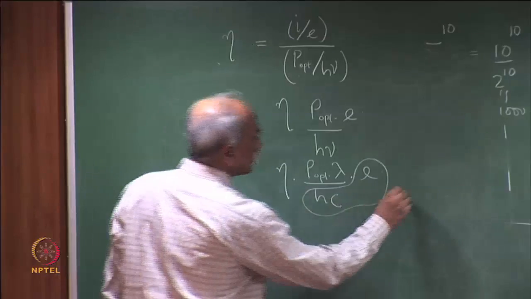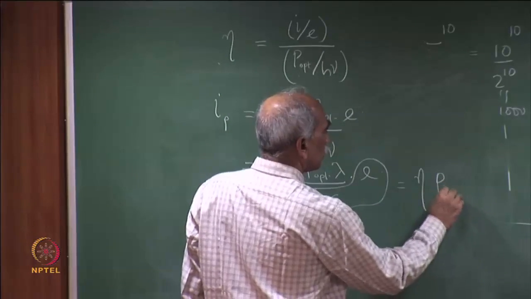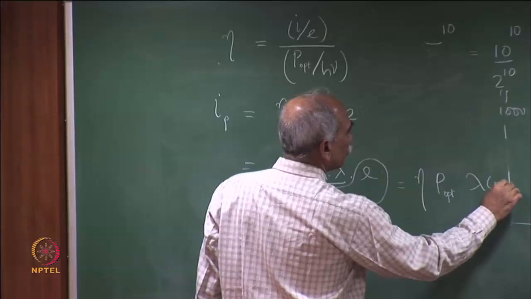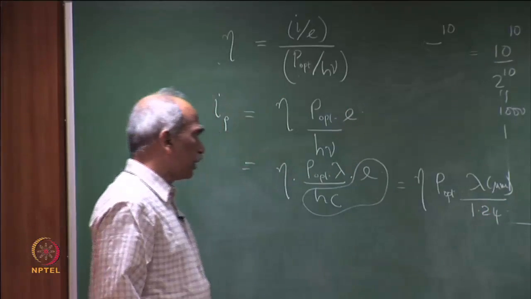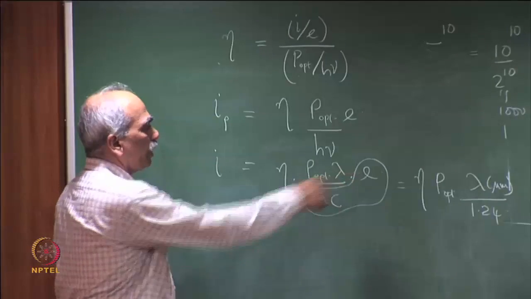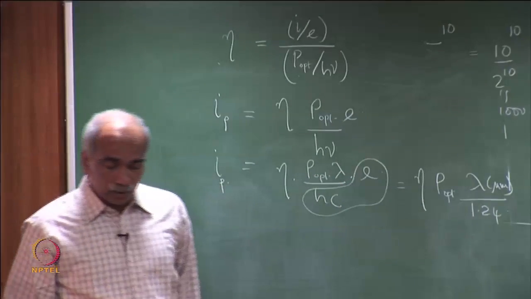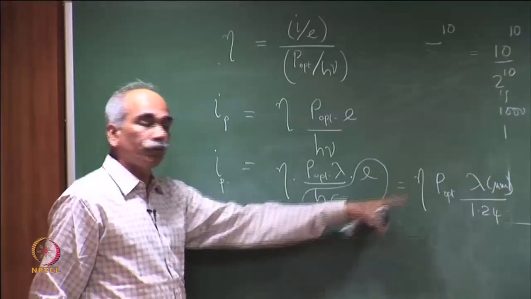So, this is equal to eta into P opt into lambda in micrometers, divided by 1.24. So, for an incident optical power P opt, you can find out what is the primary current generated by the photocathode.